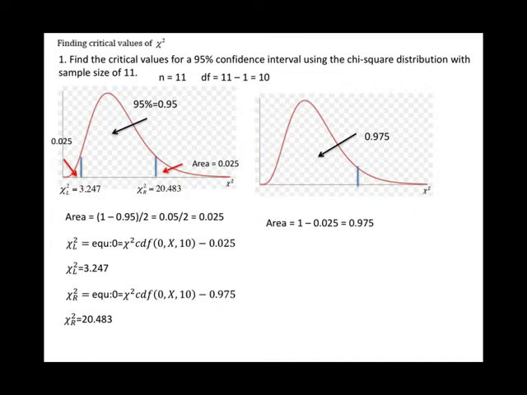Okay, so this is the step for how you find the critical values. Make sure to try it on your calculator. Okay, this is the first step, how you find the critical values.